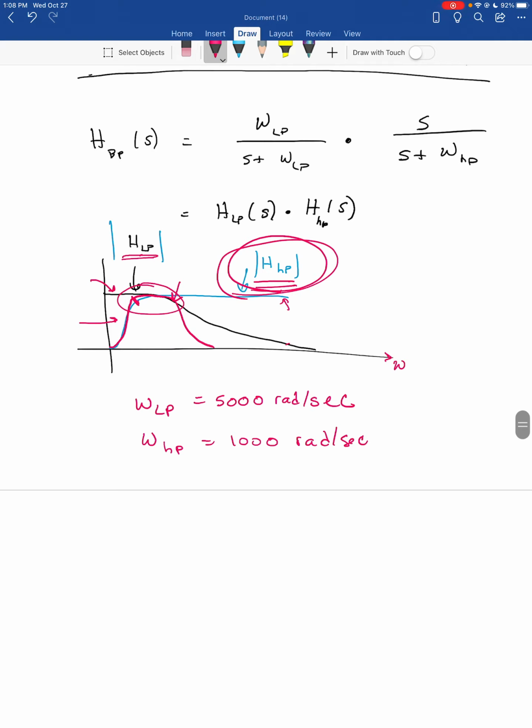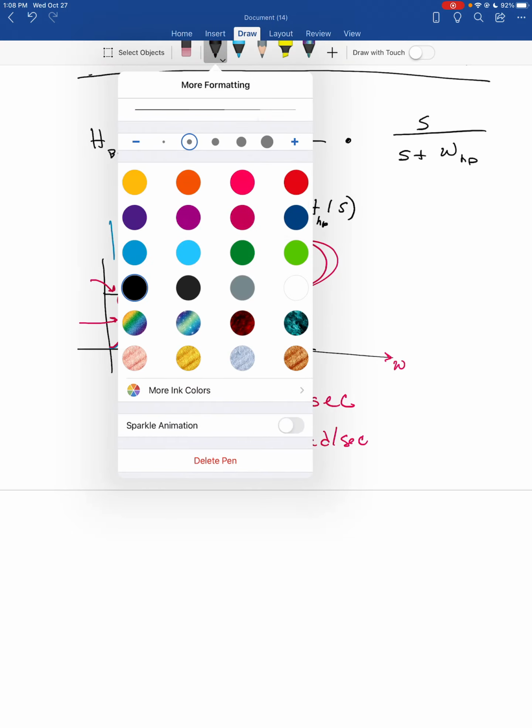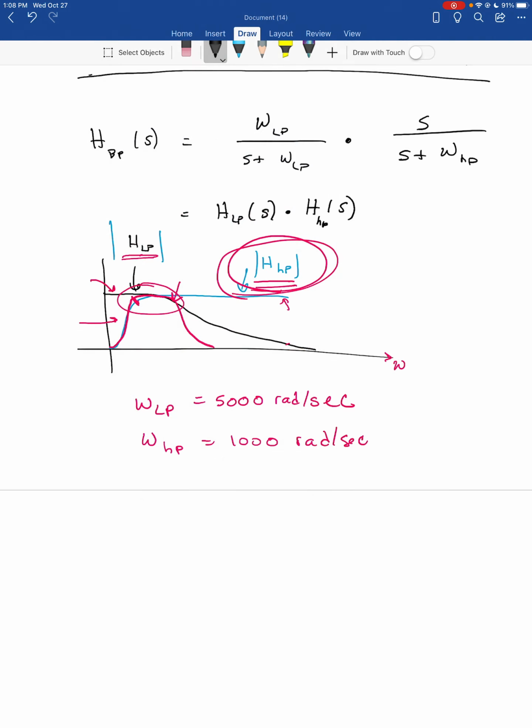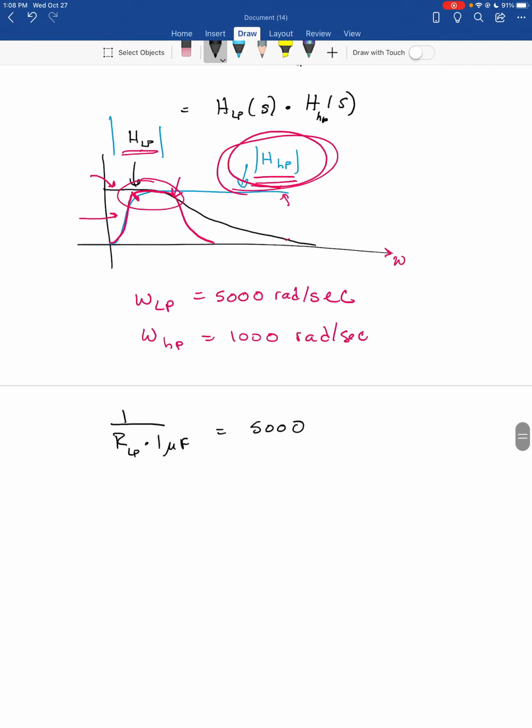Okay, so all we really have to do is choose R appropriately. So we want 1 over R of the low pass times our 1 microfarad to be 5,000, and we want 1 over R of the high pass times 1 microfarad to be 1,000.